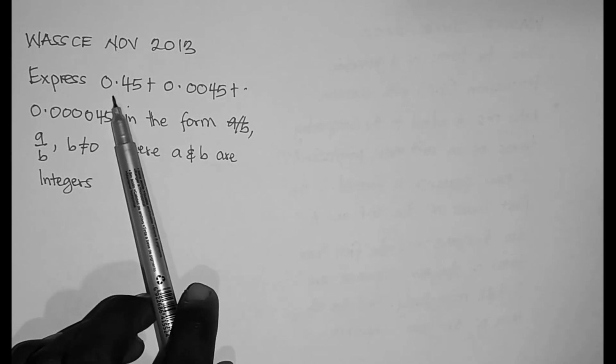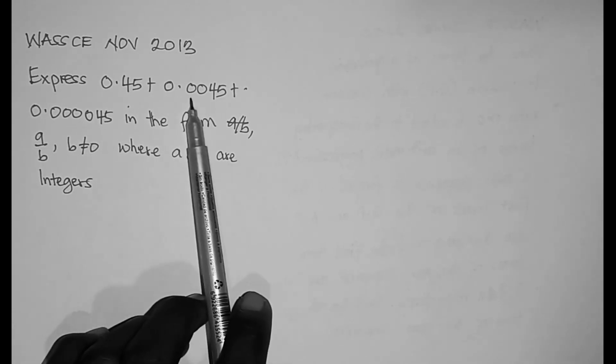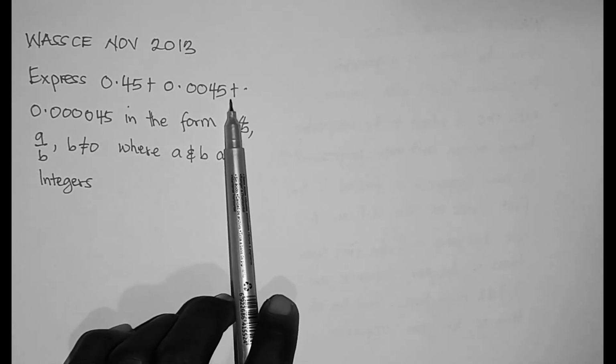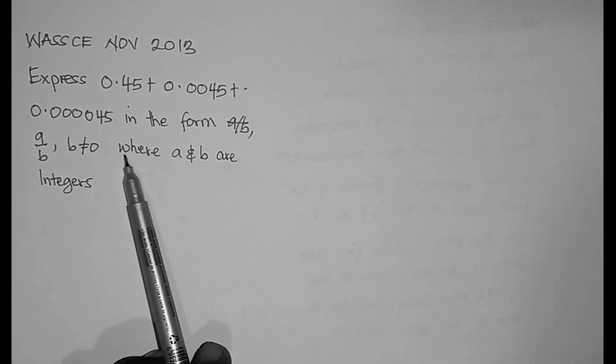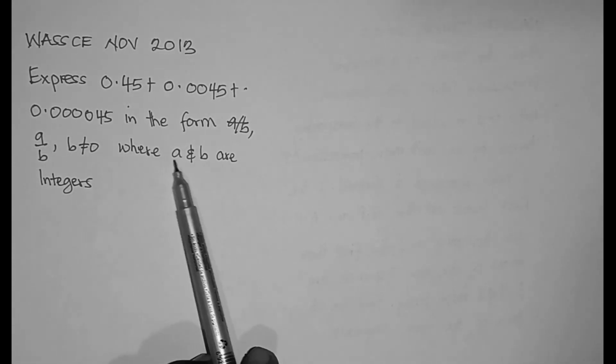Express 0.45 plus 0.0045 plus 0.00045 in the form of a divided by b, where b is not equal to 0, where a and b are integers. So you can see that this is a sum to infinity.